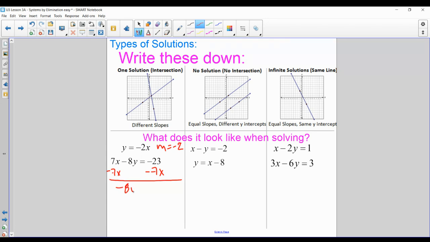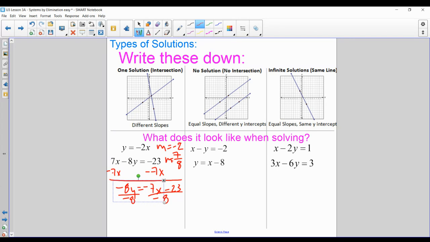Get -8y equals -7x minus 23. Divide by -8. And I would see that the slope there is 7/8. Okay, so the slopes are different.